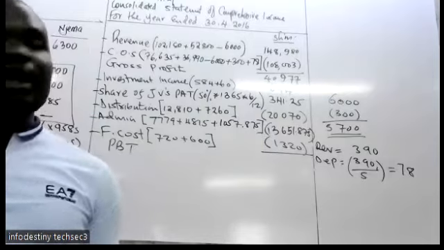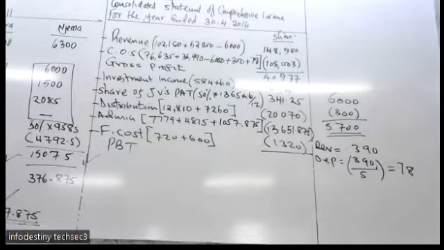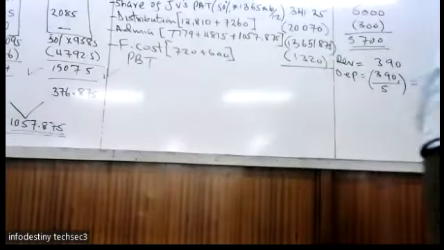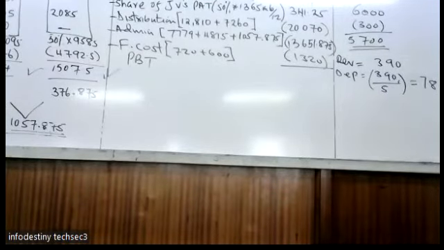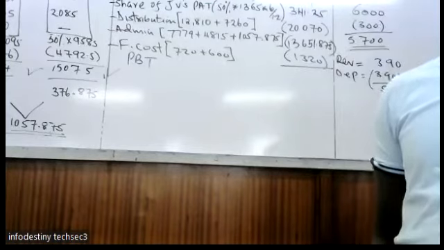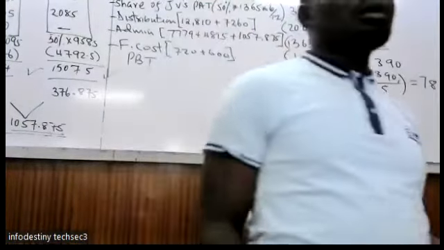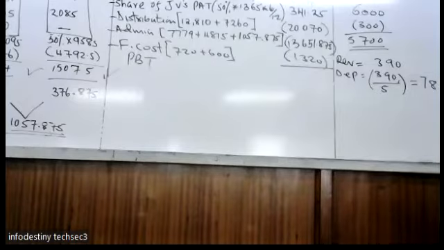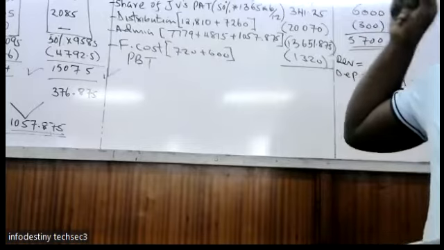We shall finish in the next, give me a maximum of 10 minutes. There was no JV, there was no associate. The other one had an associate with that loss of 150.